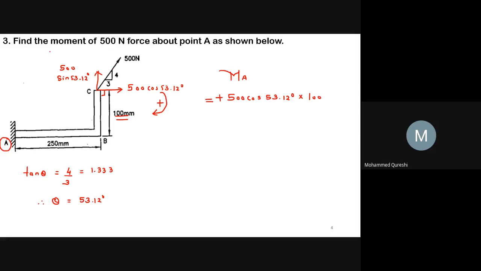Now the other force is 500 sine 53.12, and this will move towards point A in anti-clockwise direction, and hence it will be minus.